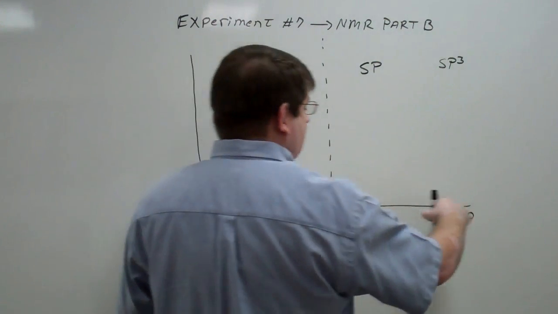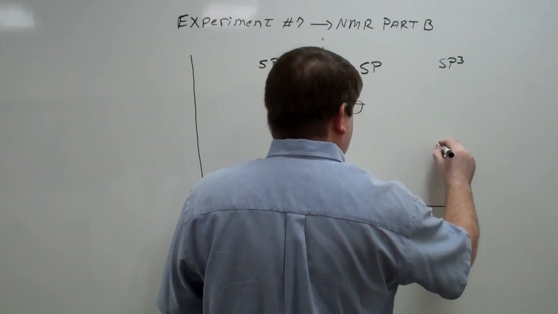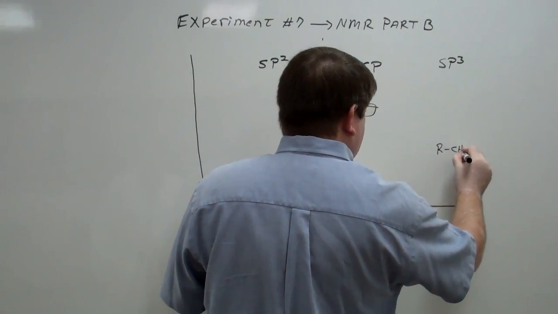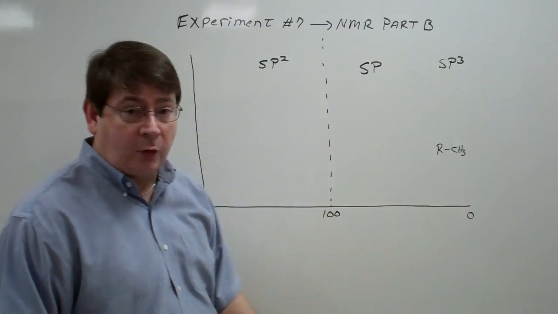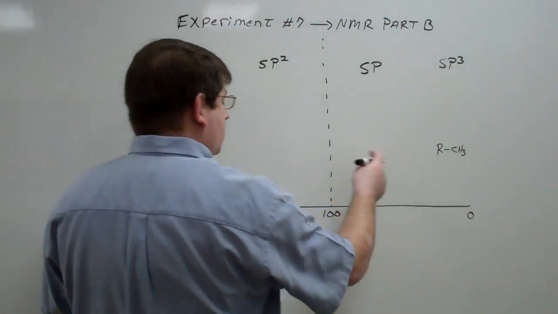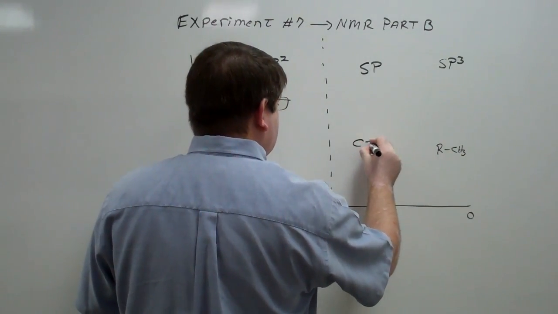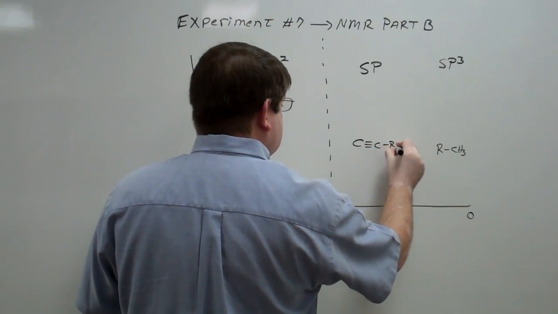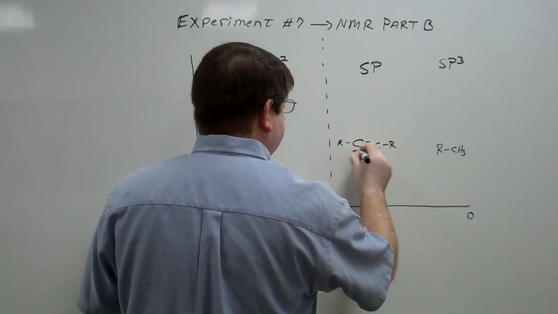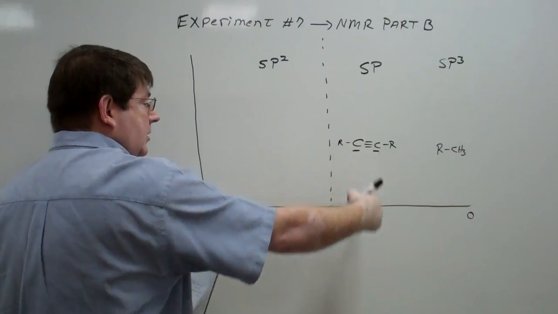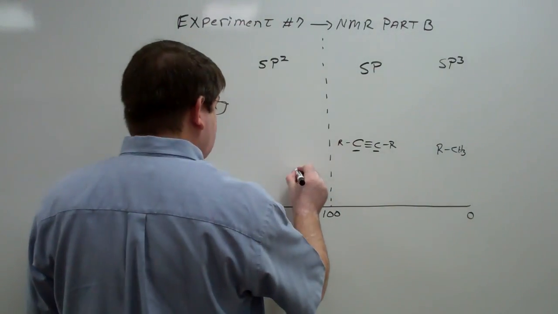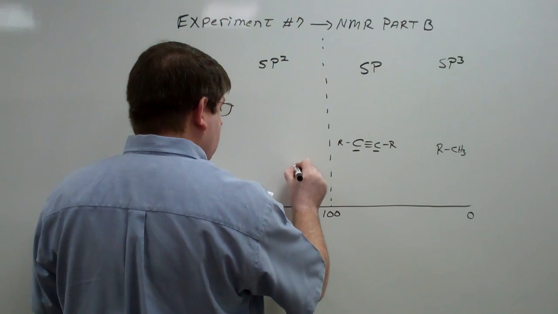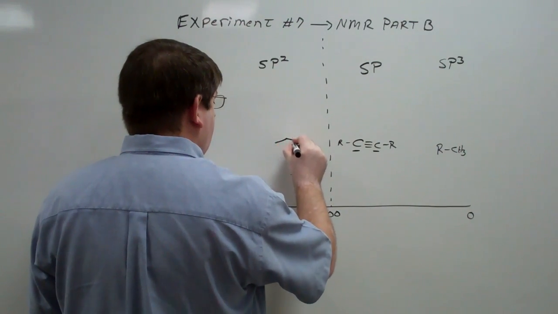So we would expect to see closer to 0 our sp3 hybridized carbon atoms, something like a methyl group, for example. Closer to 100, we would expect to see things like alkynes. We'd expect to see those carbons in this region. On the other side of 100, we would expect to see things like alkenes, aromatic rings.